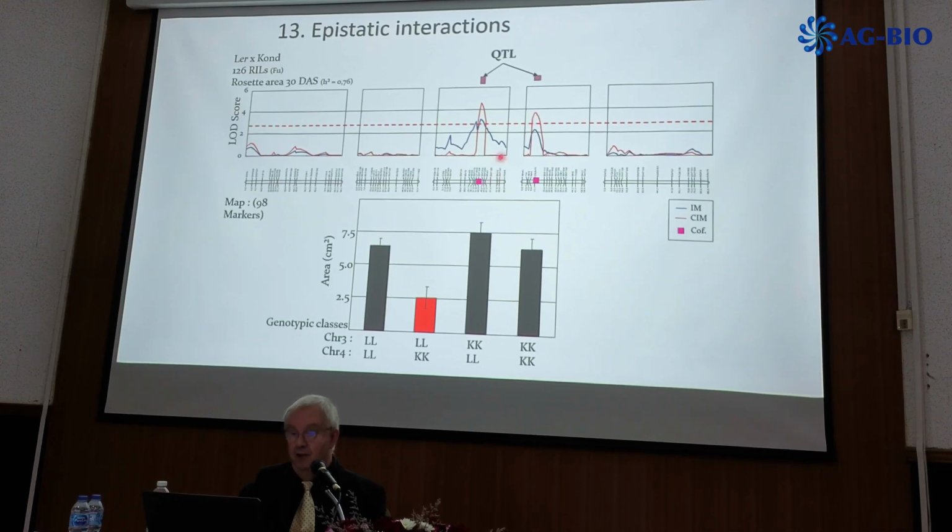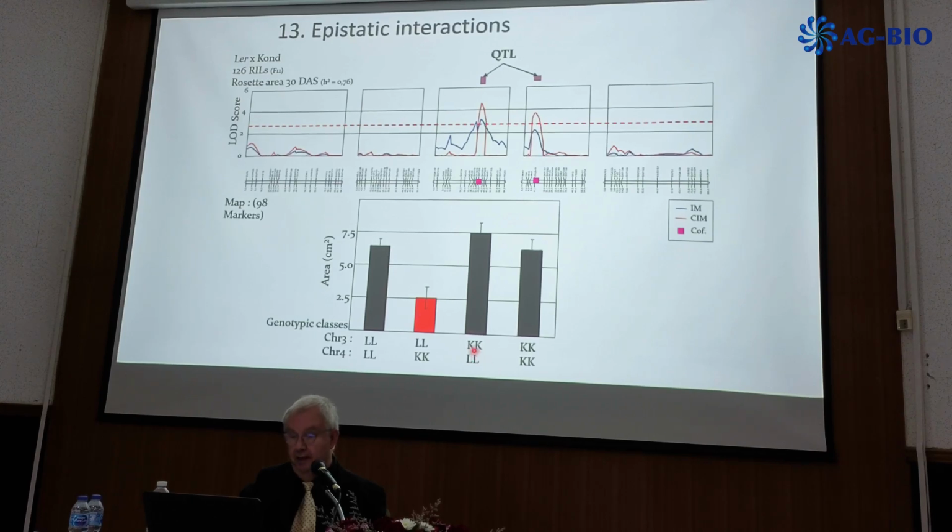Another thing I already mentioned to you is epistatic interaction. Of course, if you look at many quantitative traits, several QTLs may be involved. Here, if you have 2 QTLs, the L allele on chromosome 4 or the K allele on chromosome 4, you can see a dramatic effect.